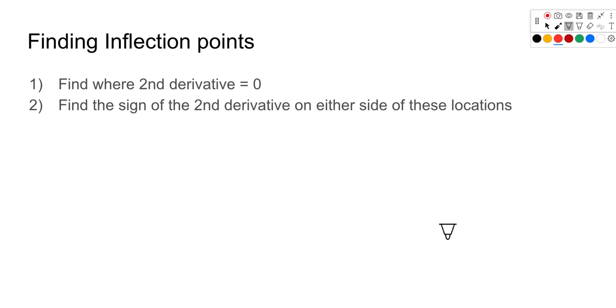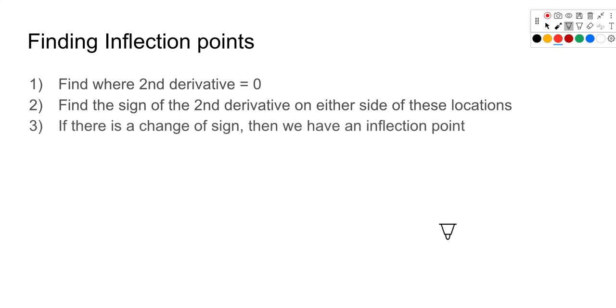That's really the whole process we've been doing: find where we've got a critical point where the derivative is equal to 0, look to the left, look to the right, and see whether we've got positives or negatives. If there is a sign change, then we've got an inflection point by definition. If there's not a sign change, we don't know what we've got. It could be something else.